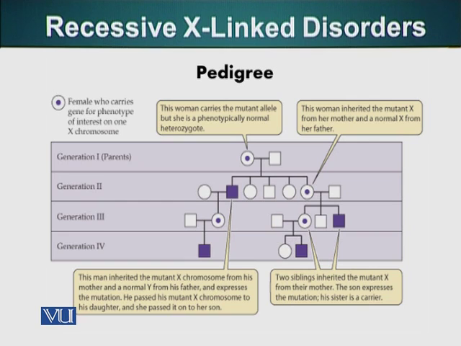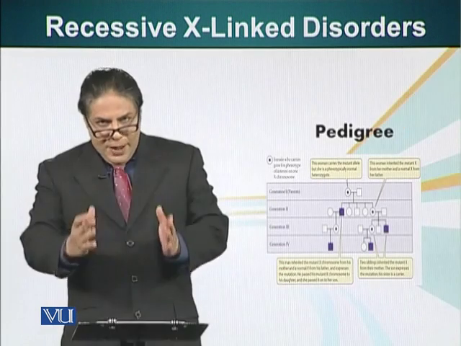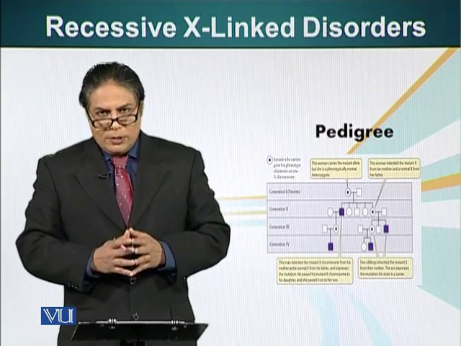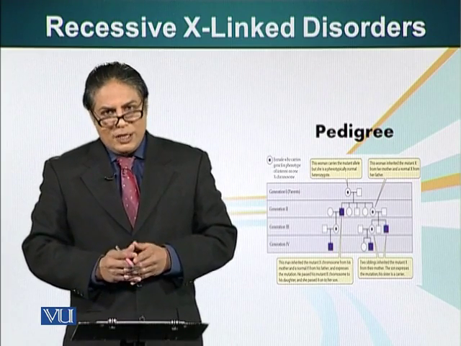So I hope this pedigree is showing you some of the things that we talked about in the previous slide. So this is the pattern of inheritance of X-linked disorders. Next we will talk about cytogenetic disorders.